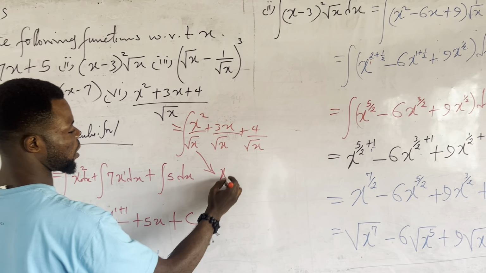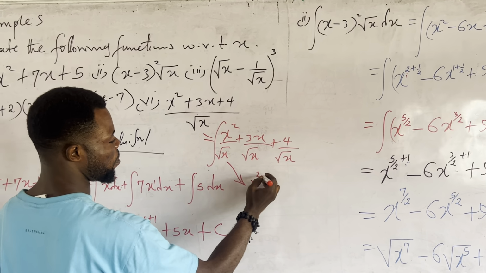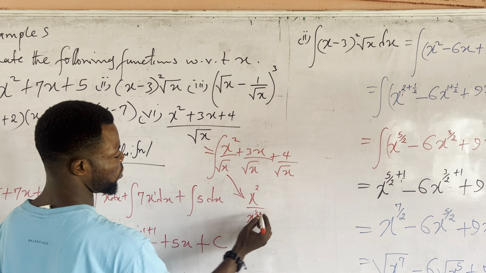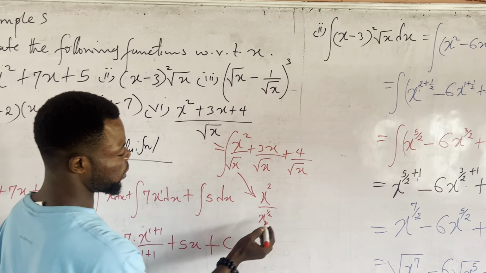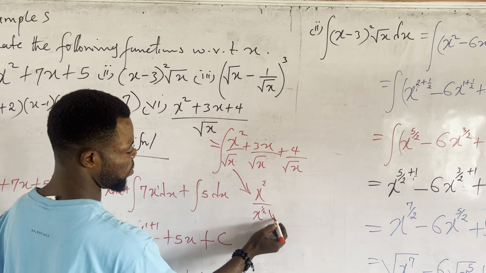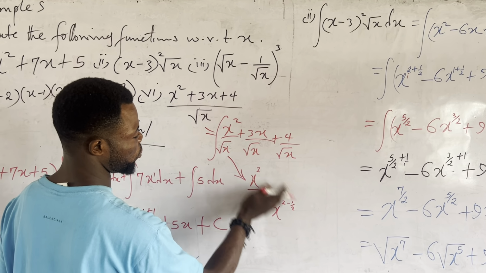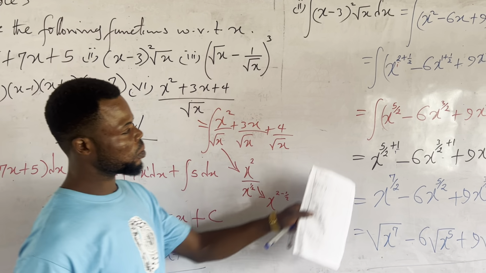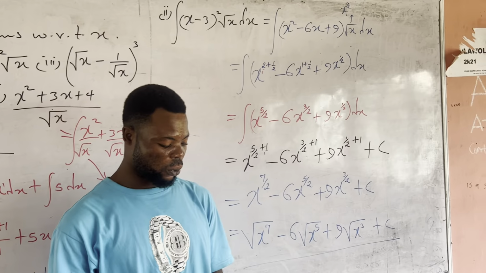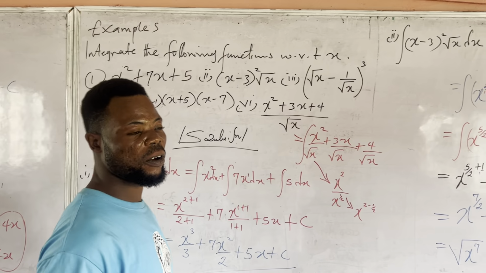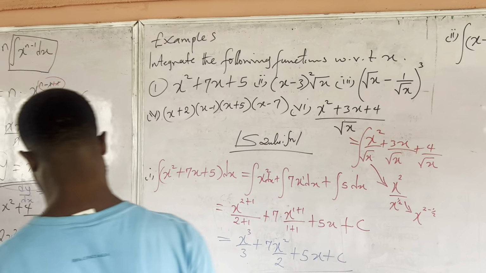This is the same thing as x raised to the power 2 all over x raised to the power half. When you apply the law of indices, this will give you x raised to the power 2 minus half. By the time you simplify it, you solve it in this procedure. So that is all about the integration of polynomial functions.